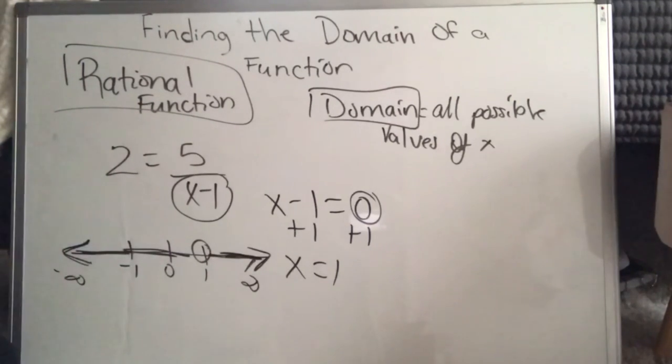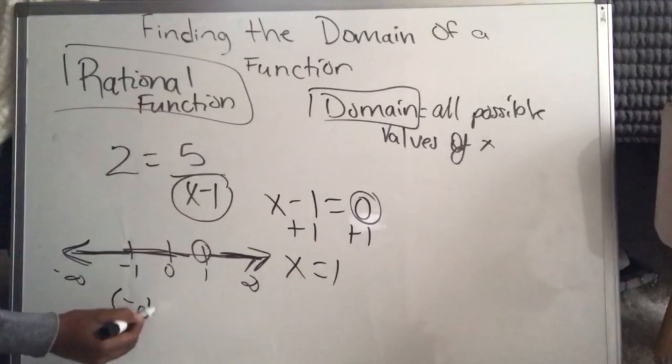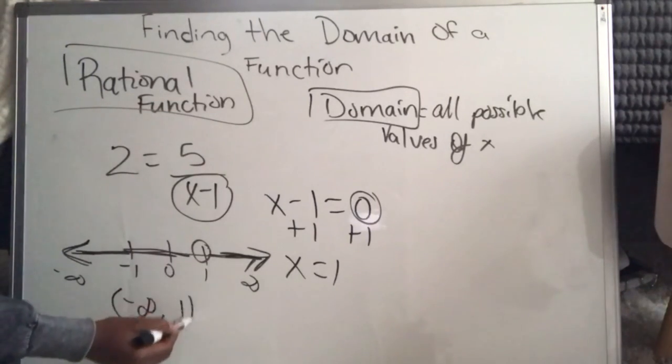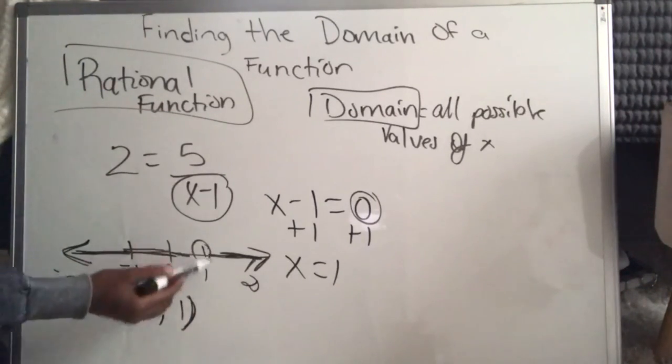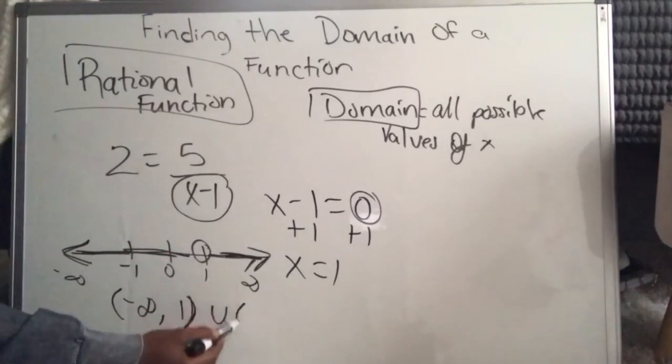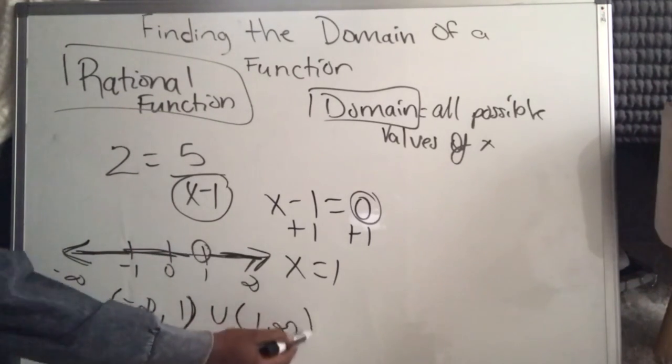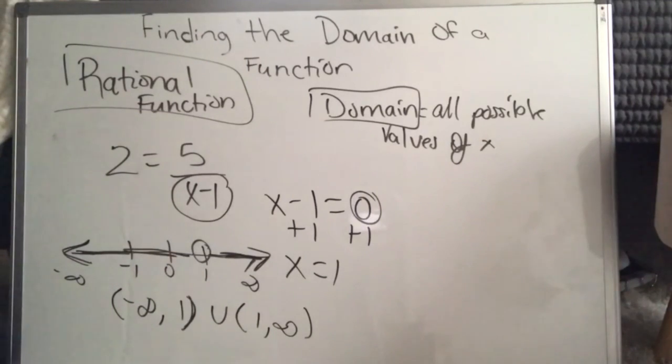So when we want to annotate it in our interval notation, we will say negative infinity to 1, not including it because it's an open circle, with the union of 1 to infinity. And that's how you will write it for rational functions.